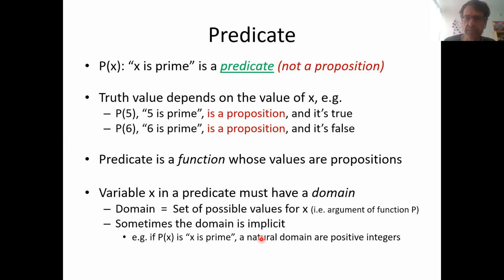So there is an implicit domain of positive integers. In this class, we will not count on identification of the implicit domain, because we want to be precise. But in real life, people say things like a predicate, and they assume that you understand what the domain is.